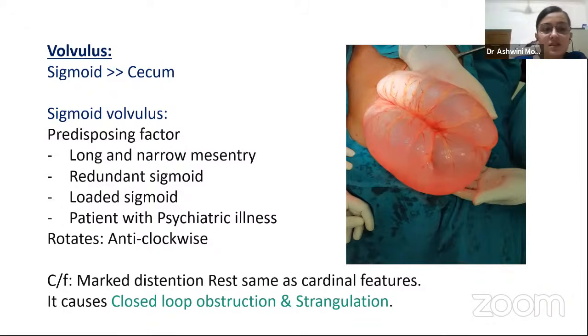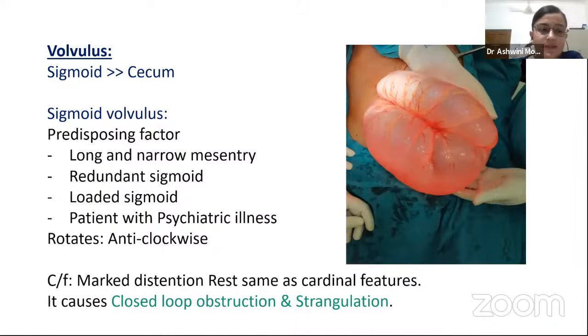In these cases, you will see sigmoid volvulus more commonly. The bowel rotates anti-clockwise more commonly than clockwise. That is the more common presentation.